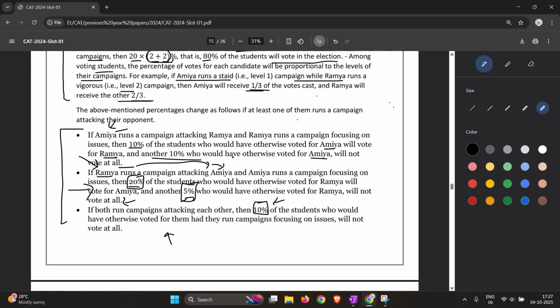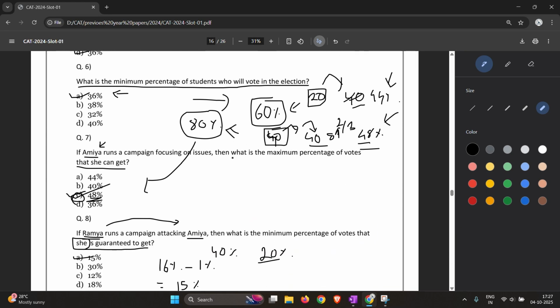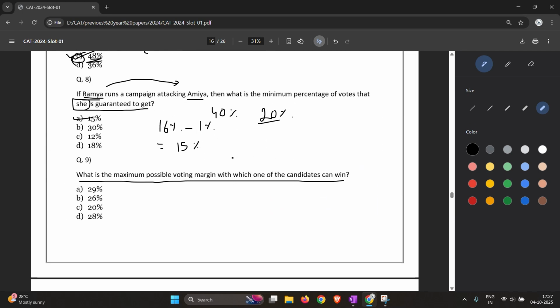And let's say that one of them ran a vigorous campaign and the other one ran a styled campaign, because we want to maximize the margin. So let's say Amya ran a styled campaign and Ramya ran a vigorous campaign, so she'll get 20% and she will get 40%.